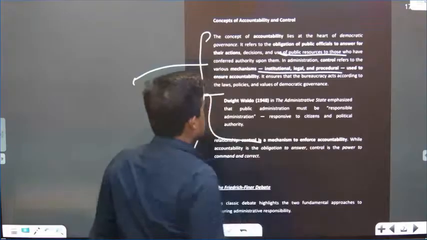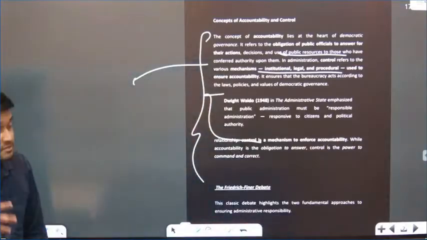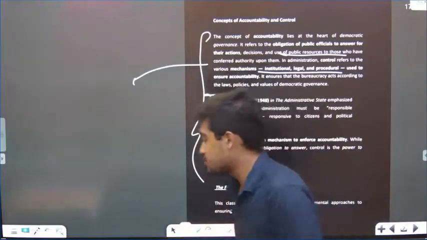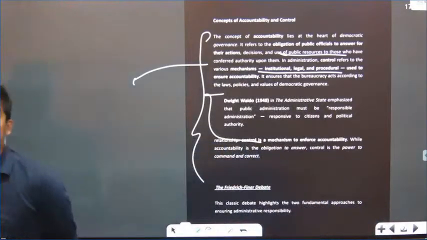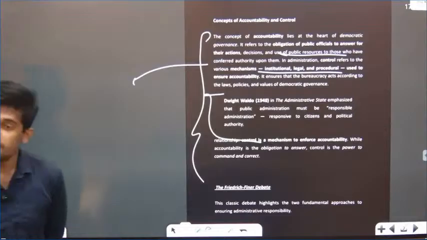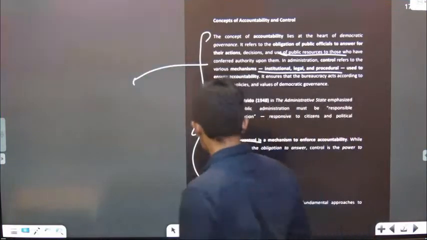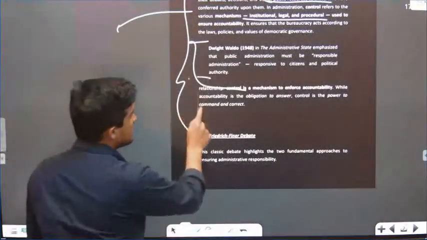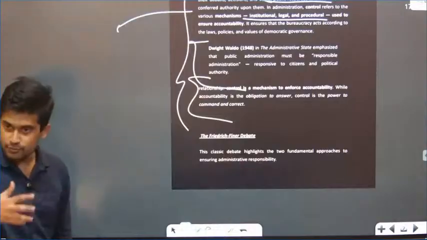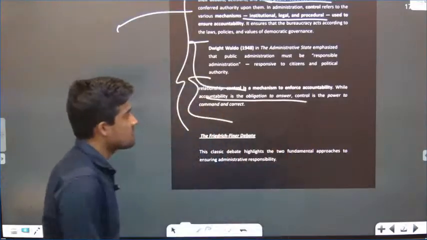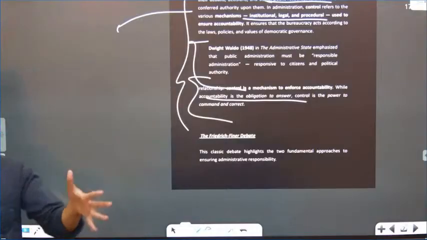Dwight Waldo emphasized that public administration must be a responsible administration. How does public administration become a responsible administration? By this particular accountability being enforced. Relationship: control is a mechanism to enforce accountability, while accountability is the obligation to answer. Control is the power to command and correct something.